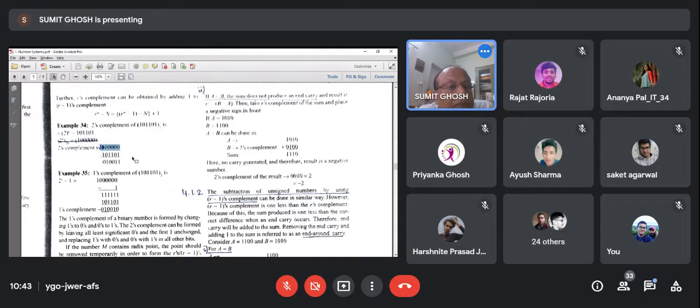2 to the power of 6, how do you write? You write 6 zeros and then a 1. From that you subtract this number itself. The number is 101101. So from this number you subtract this number. Do you know how to subtract binary numbers?